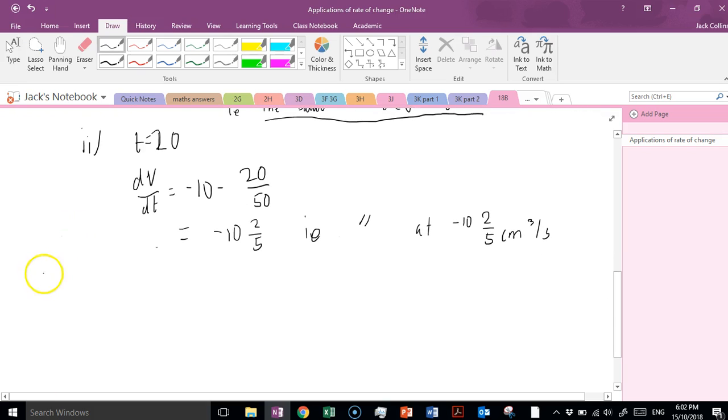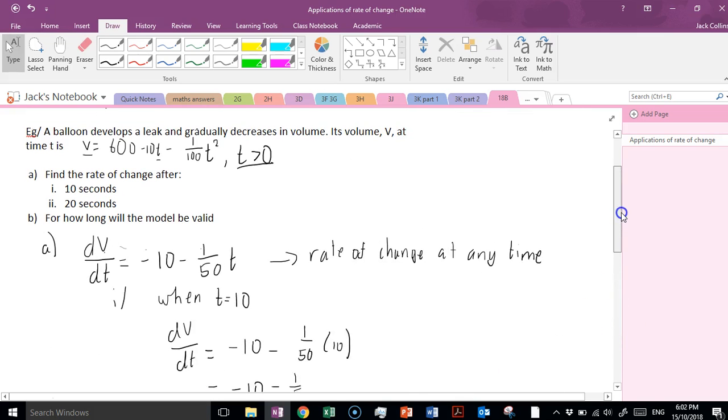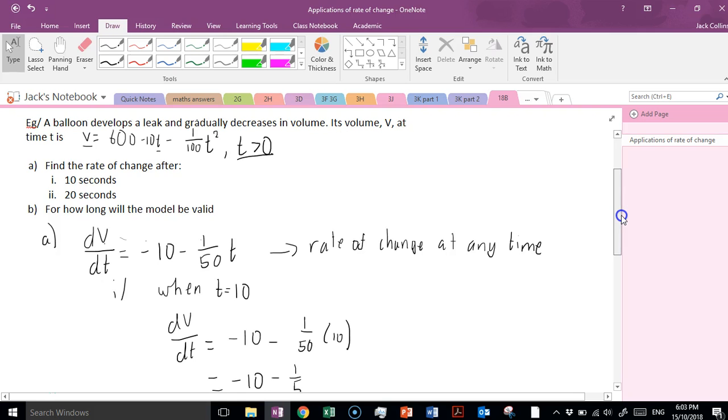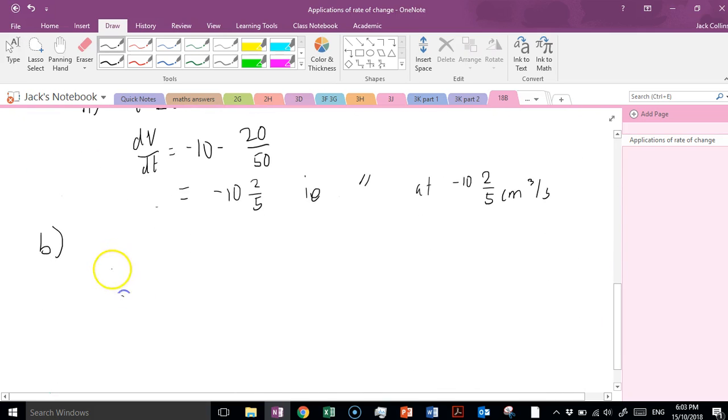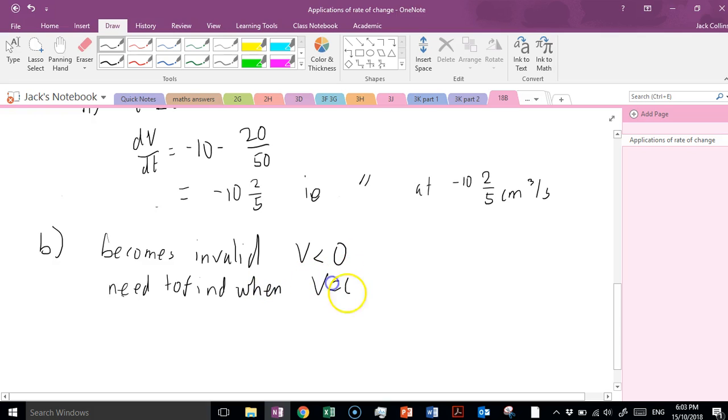Part B asks us, for how long will this model be valid? This model becomes invalid once all the volume is out of the balloon, so when V is less than 0. So we need to find when V equals 0, to find the point when it becomes invalid.